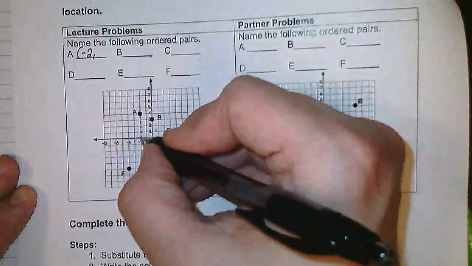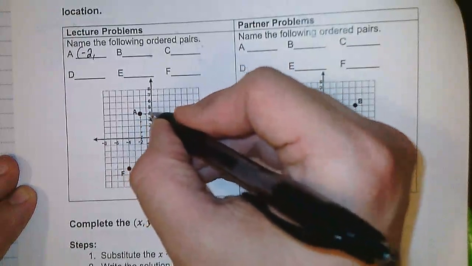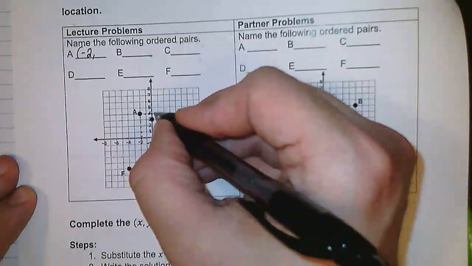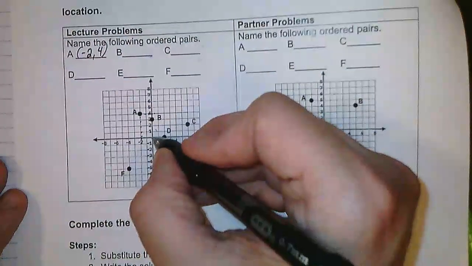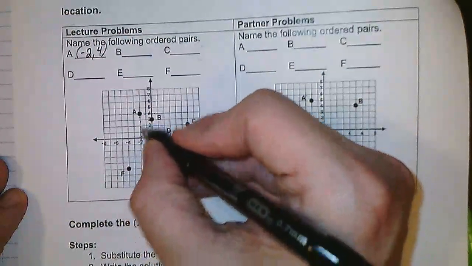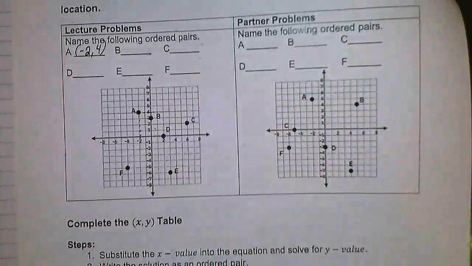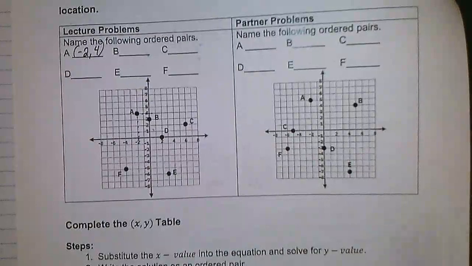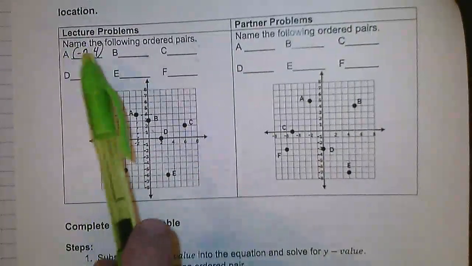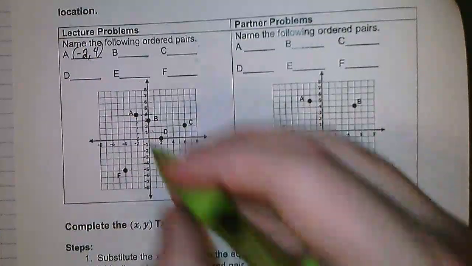So that's where we are on the x-axis. If I move a dotted line to the right, we would hit the y-axis at 4. So that means from the origin, we move to the left 2 and up 4 to get point A. Remember that a coordinate, an ordered pair, should be an x value followed by a y value in parentheses with a comma between them.